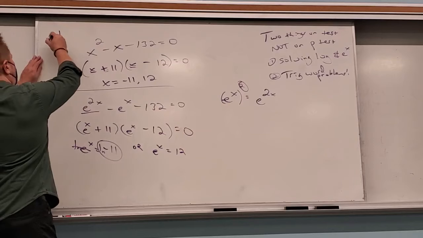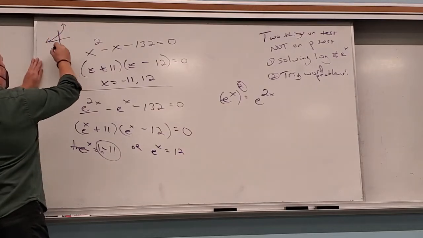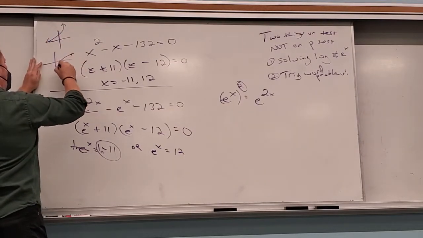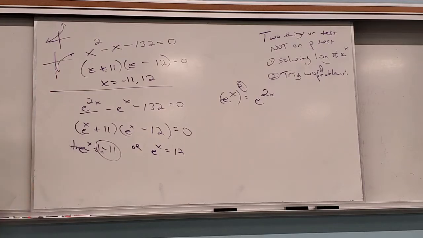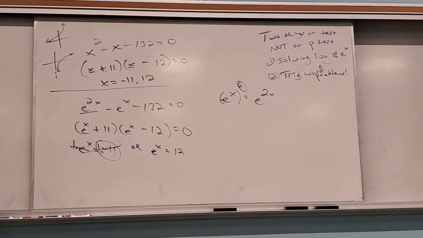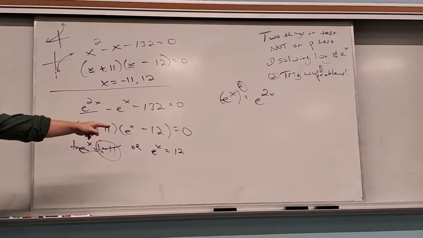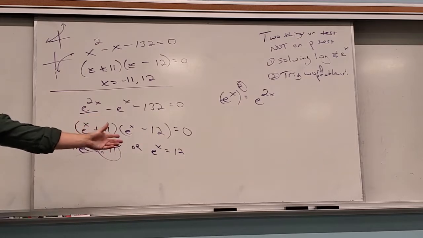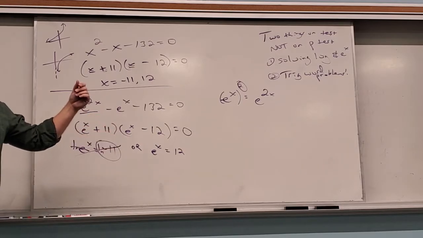So an exponential looks like this. A logarithm looks like this. Can it handle negative inputs? Does it have any out? No, it can't. It can't handle negative inputs. That gives me no answer. That one, I can do the natural log of 12, right?